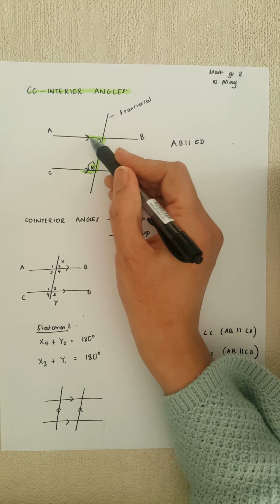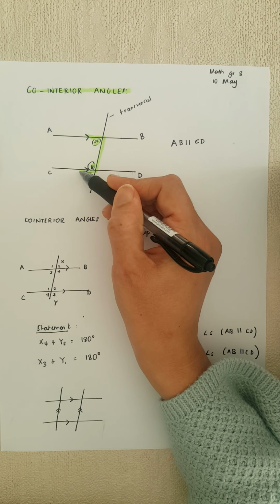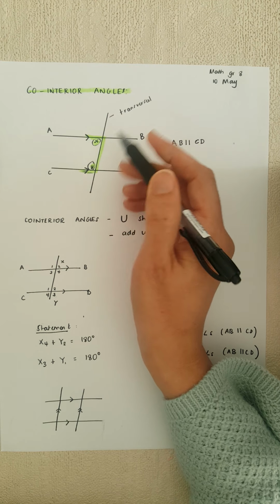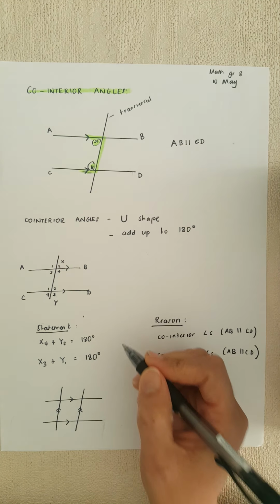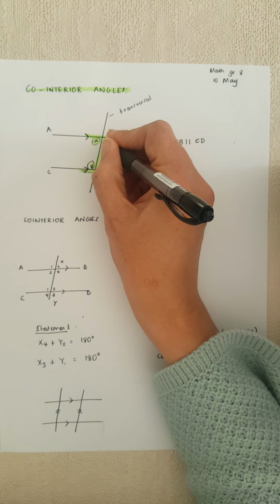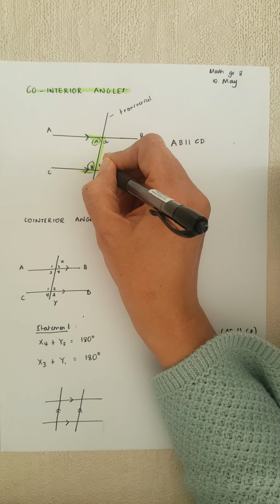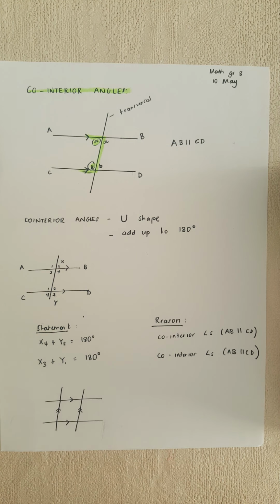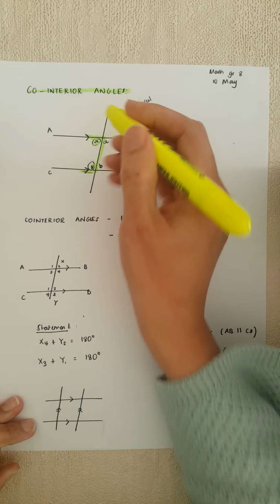When we draw a U shape like this, we have co-interior angles. Now what about angle A and angle B? They are also co-interior.